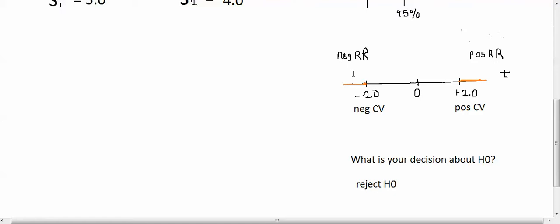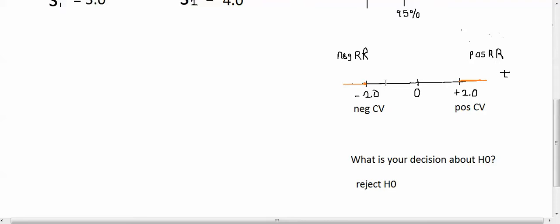If the t-score is in the negative rejection region, your conclusion is that the mean of population 1 is lower than the mean of population 2. If your t-score is in the positive rejection region, your conclusion is the mean of population 1 is higher than the mean of population 2.